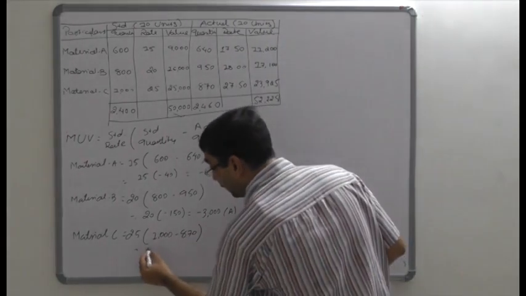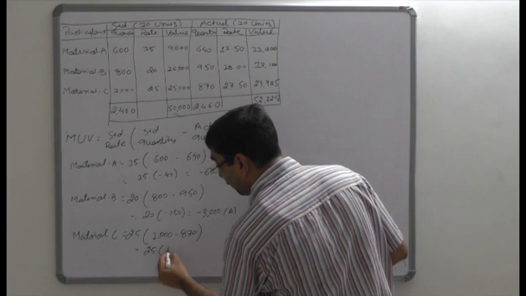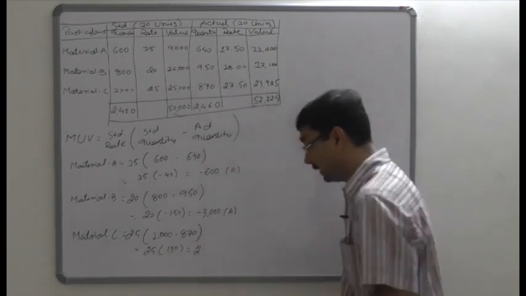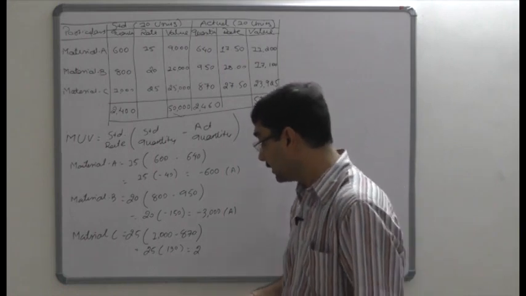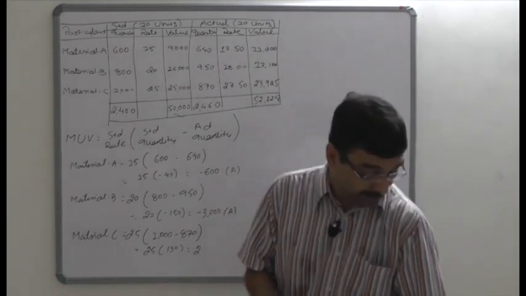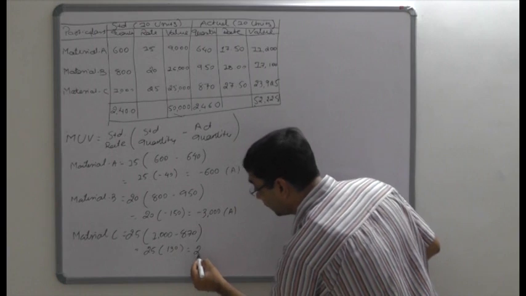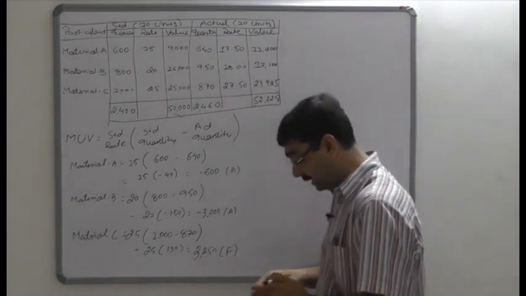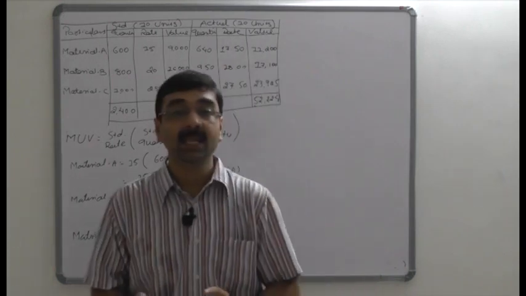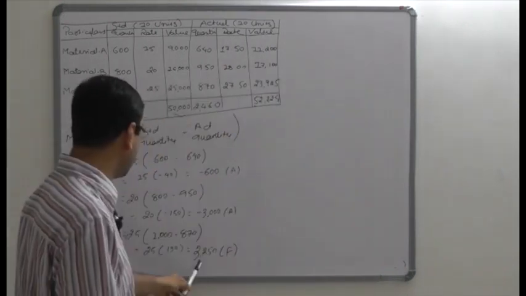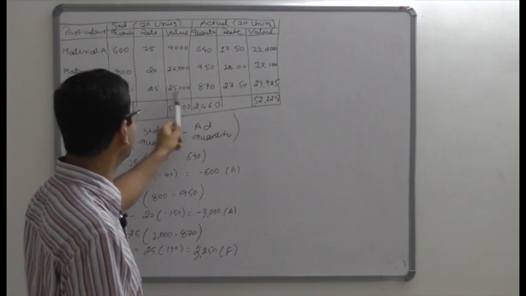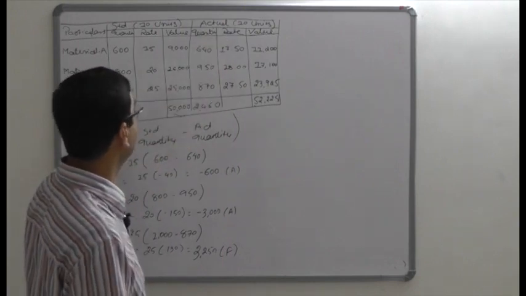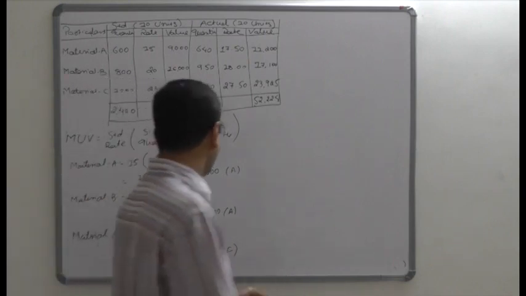So in this way we have some positive impact in material C, which comes to 3250, that is favorable. In material C we have a favorable situation because the company used a lesser quantity for the manufacturing of 10 units than the standard quantity, and that's why their answer is favorable.